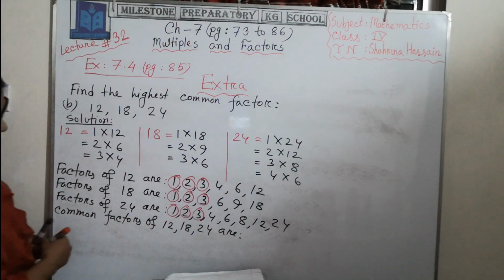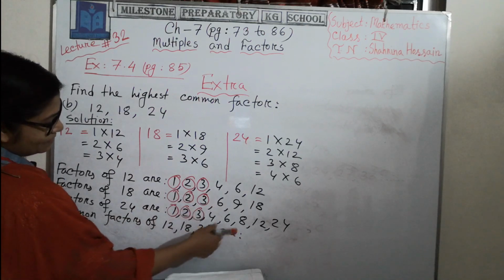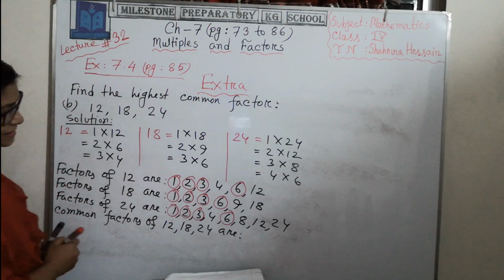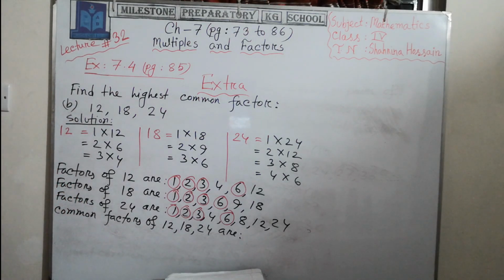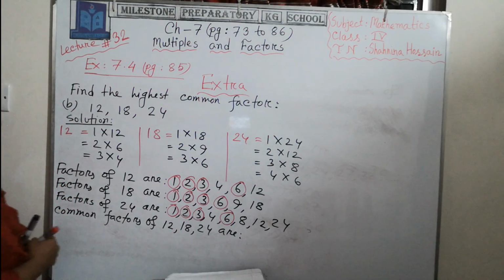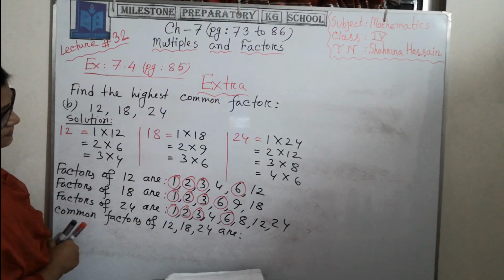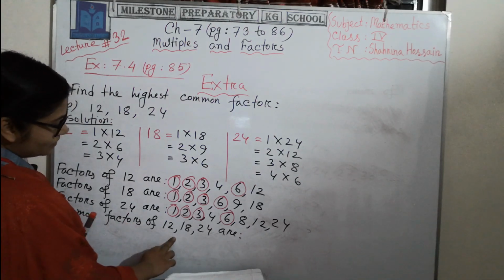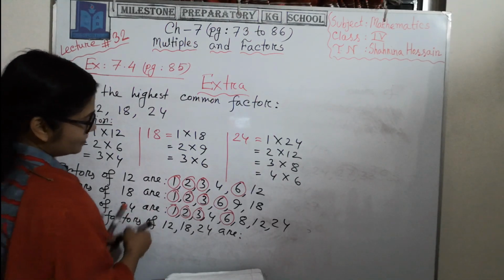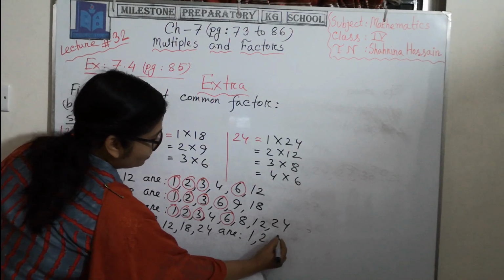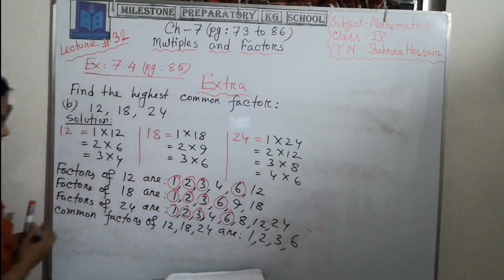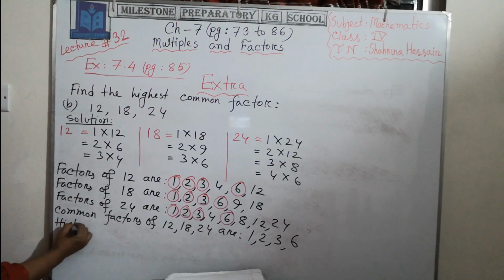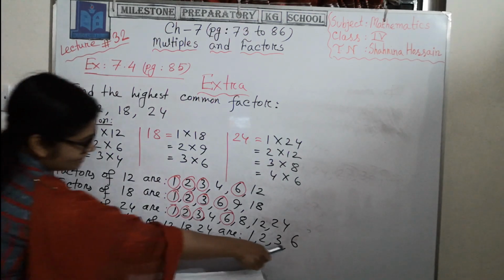Then 4, okay, 4 is not with the 18, but 6 is here, 6, 6 and the 6 at last. That means we got the common factors. Common factors of 12, 18 and 24 are 1, 2, 3 and last 6. Okay, fine. So which one is the highest? Yes, you are right. Highest is 6.